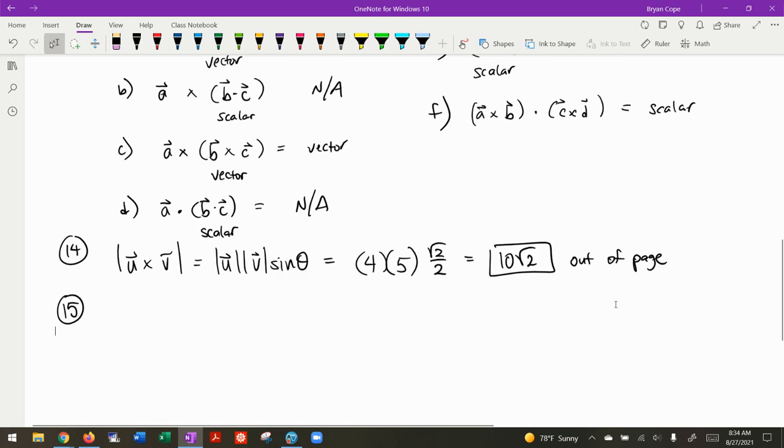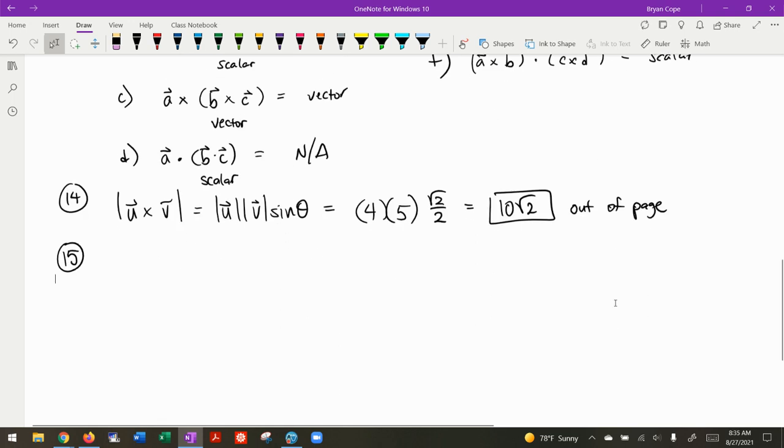15. All right, so same deal. Magnitude of U is 12. Magnitude of V is 16. However, the angle between the vectors is not 120. If you put the vectors tail to tail like they should be, you'd see that the angle is 60 degrees.